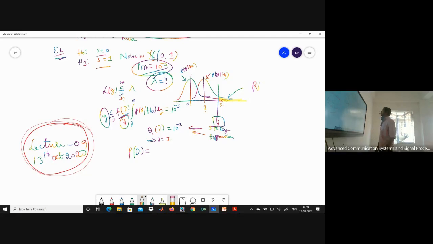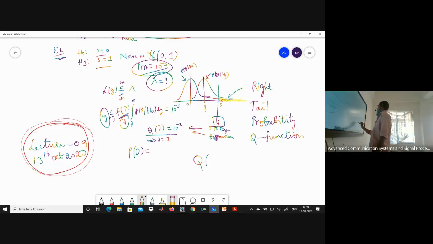I really don't understand why it will be so slow. Right tail probability. Technically, we'll call this the Q function. Q function. So as I have written over here, Q of gamma. Q of gamma is something like an integral. It will be good if I try to close this. I'll just close this and open it once again.